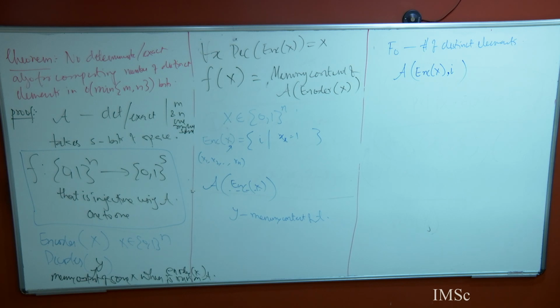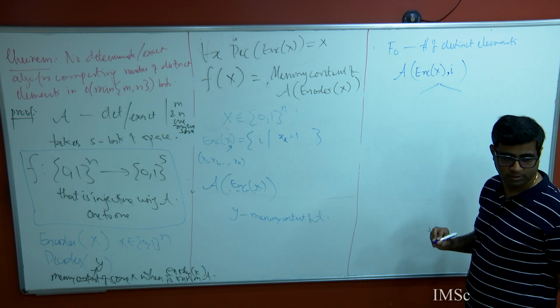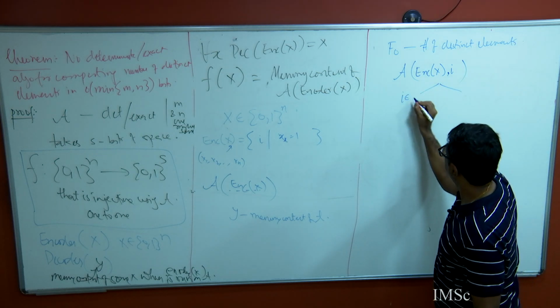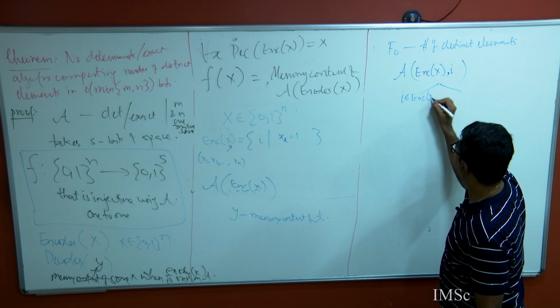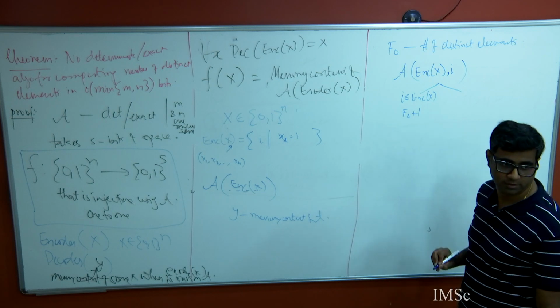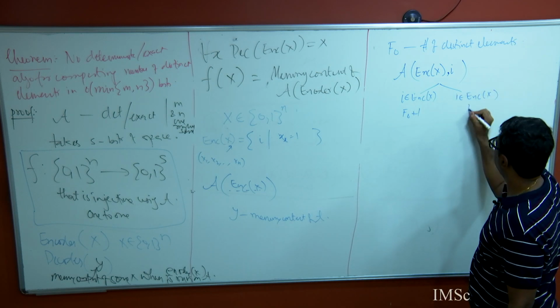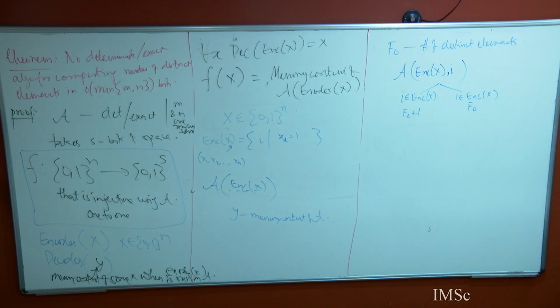So encoder of X is some set of numbers, like 1, 3, 5, 7, that you have fed. Now I'm also feeding I to it. If I fed this, what information will I get? If I was not in encoder of X, then what will I get here? F0 plus 1. If I was an element of encoder of X, then what will I get? F0.